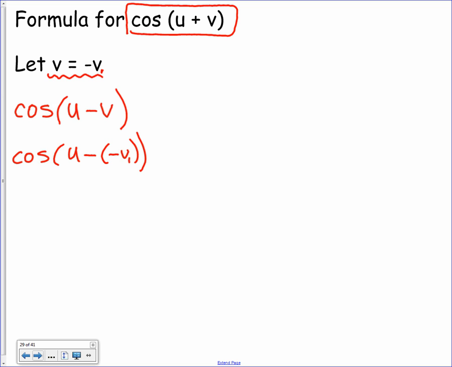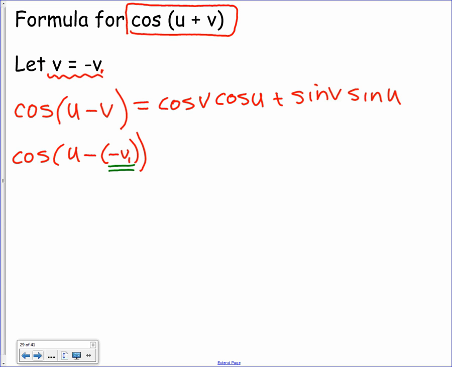Cosine of u minus v is typically, what did we say it was? We said this was the cosine of v cosine of u plus sine of v sine of u. We're going to use the same formula, but change slightly what we're plugging in.